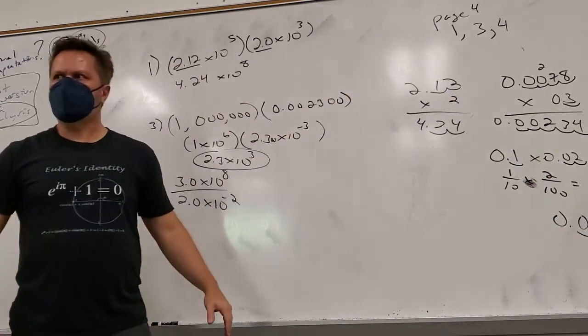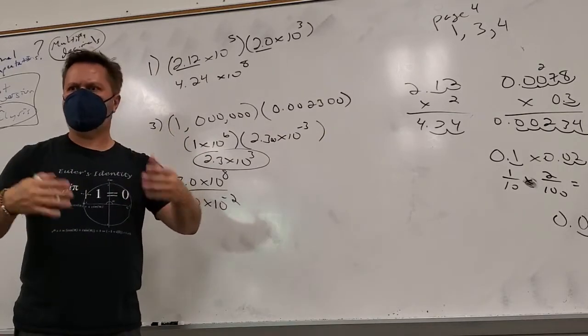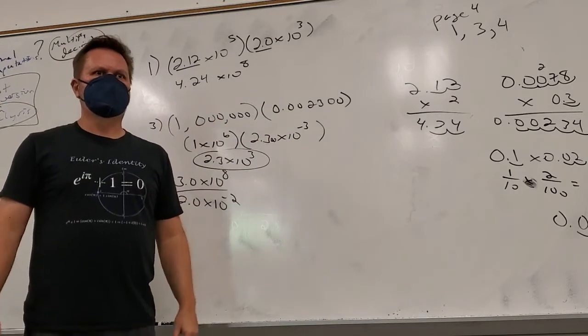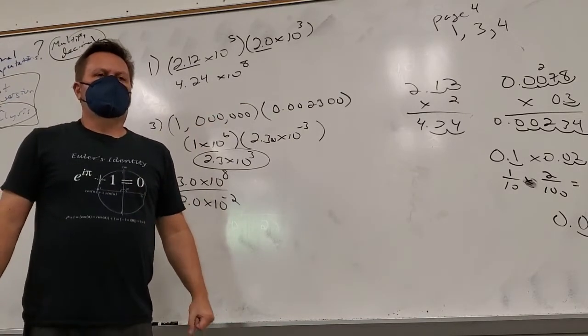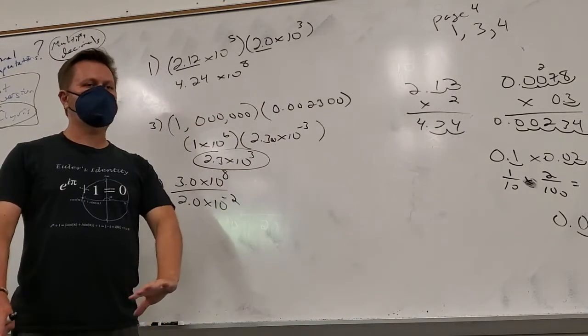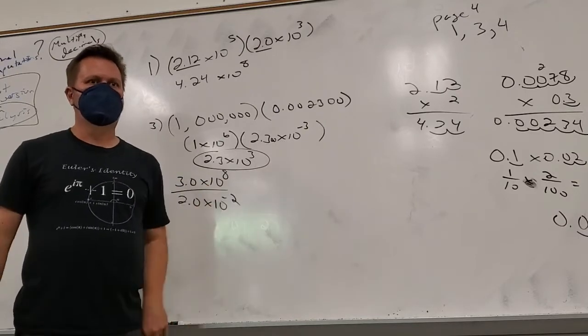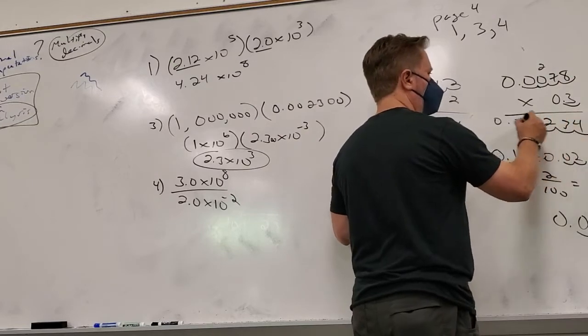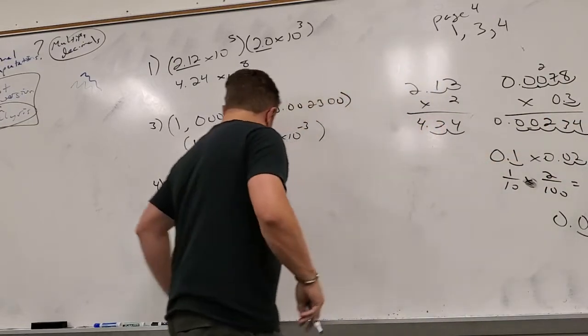So that's why we do that. We're collecting all of the powers of 10 when we count all of the total decimal places. When I do the multiplication, at first I ignore the decimal, and then I count at the end. There's 4 here, 5 here, so there has to be 5 total in the end.